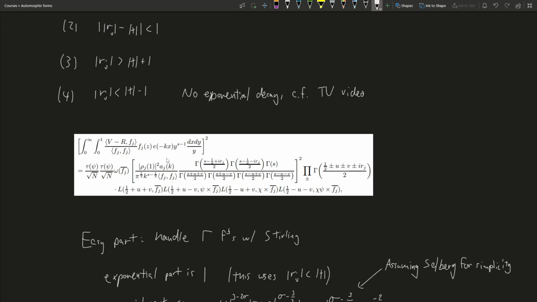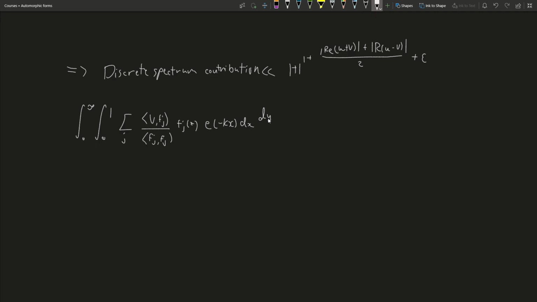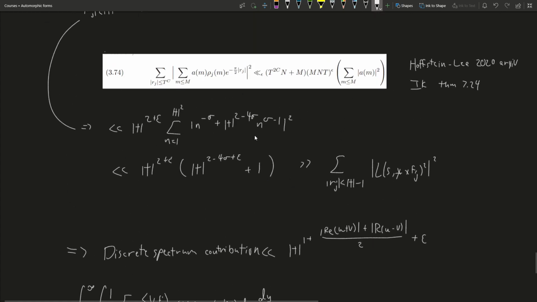So maybe I'll say the integral 0 to infinity, integral 0 to 1 of this sum over j of v fj over fj, fj, fj, z, and then it's going to be e of minus kx dx, and then was there a y to the s here?